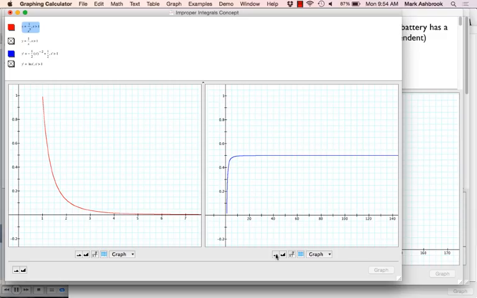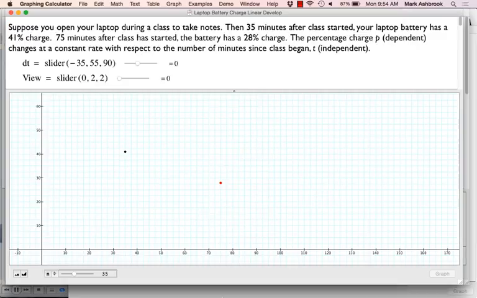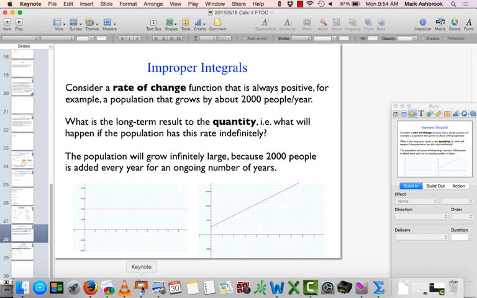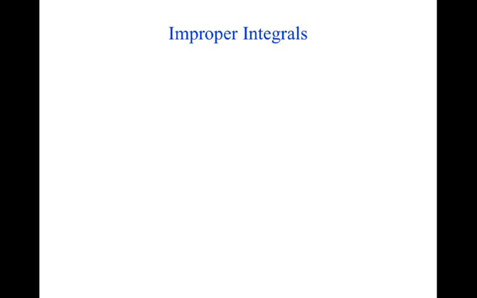Okay, so let's try 1 over x instead. Let's try a different one here. What about 1 over x? So now let our rate function be 1 over x.